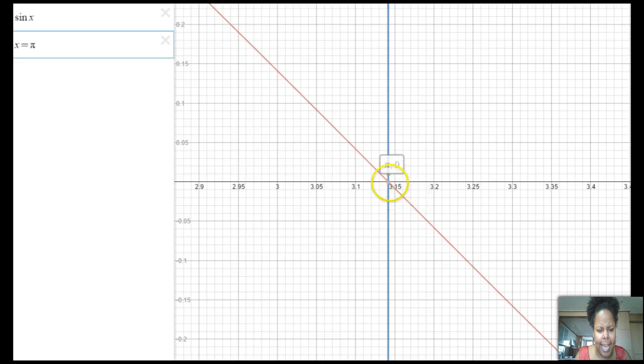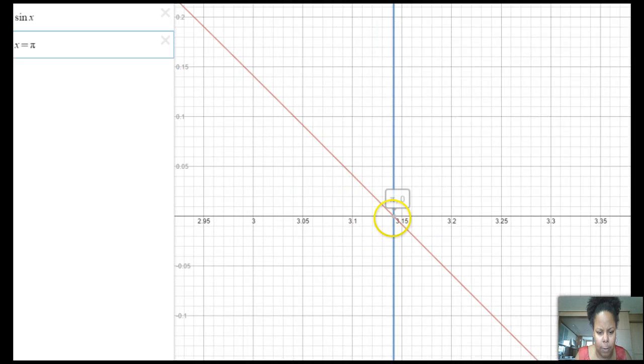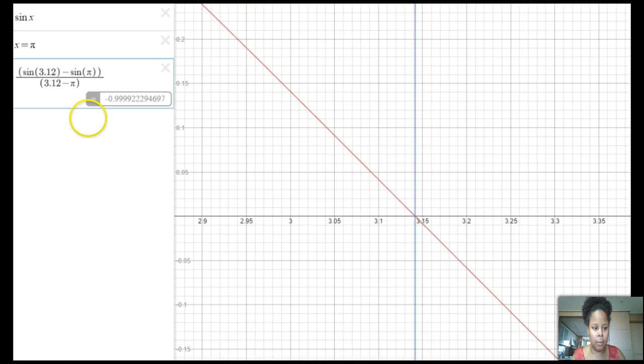And if I were to try and calculate the slope, here's my point pi comma 0, and let's pick another point, 3.12 comma 0.0216. Graphically that ends up being a slope that looks very close to negative 1, because it's negative 0.99999. If I would get a closer interval than 3.12 to pi, then I would get a closer approximation.